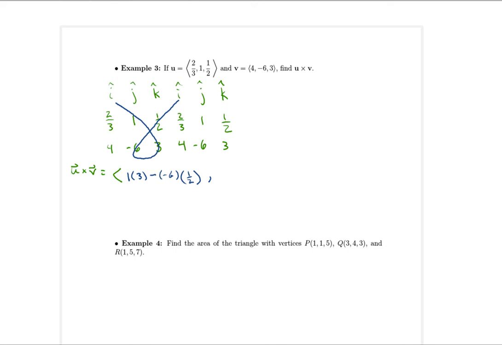Switch colors again. Connect the j's: 1/2 times 4 minus 3 times 2/3.